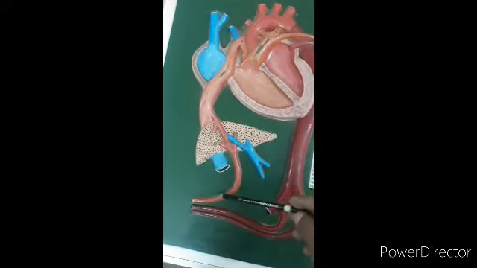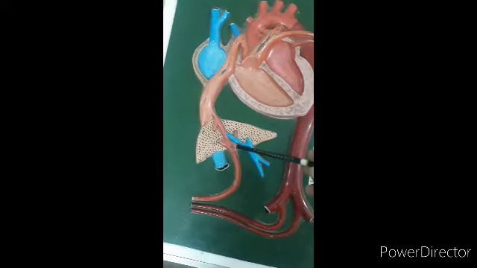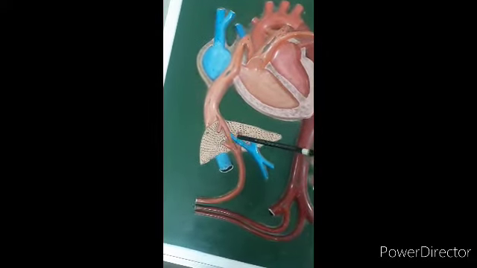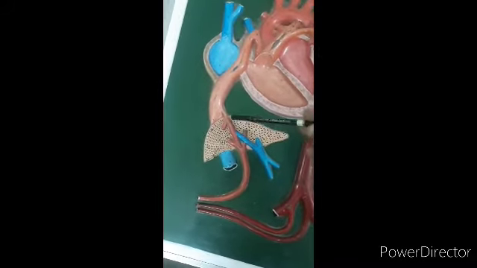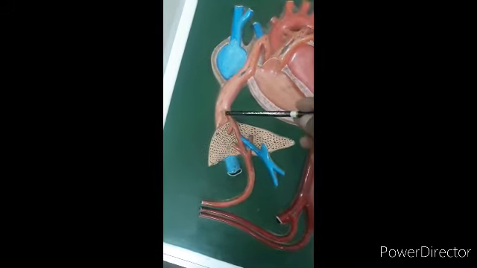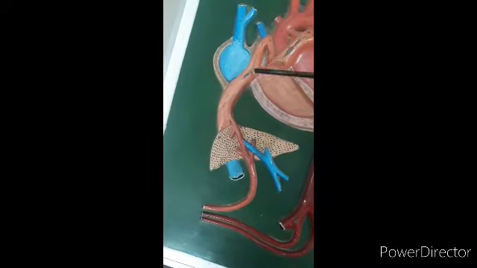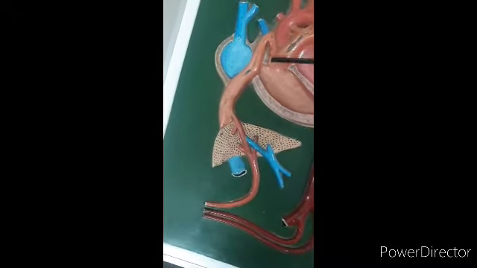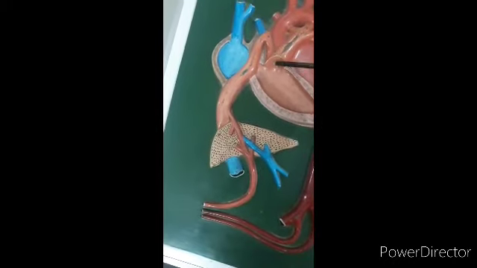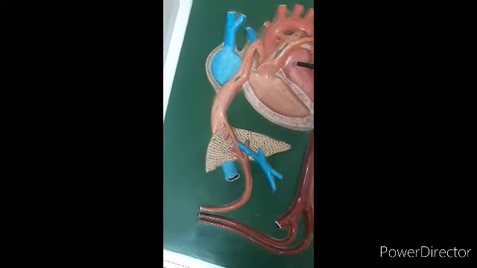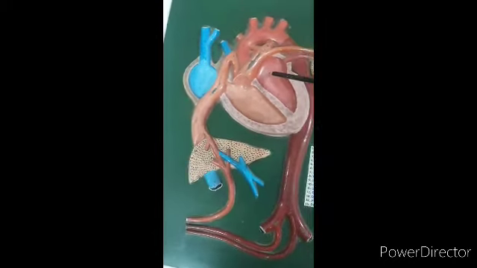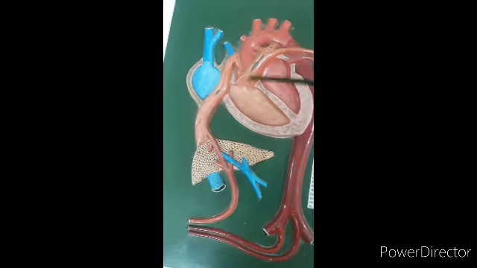So we start with the umbilical vein, left branch of the portal vein, ductus venosus, inferior vena cava, then right atrium, and through the foramen ovale it directly goes to the left atrium.